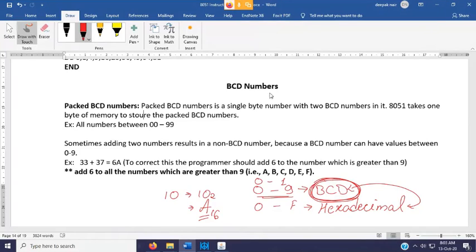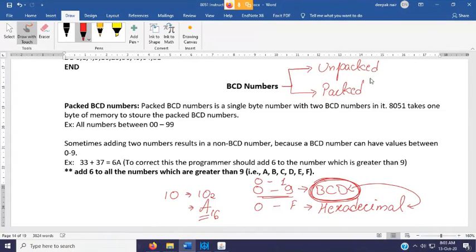There are two types of BCD numbers. Basically, one is unpacked BCD numbers, and the other one is packed BCD numbers. We know that to represent any BCD number, we need at least 4 bits.